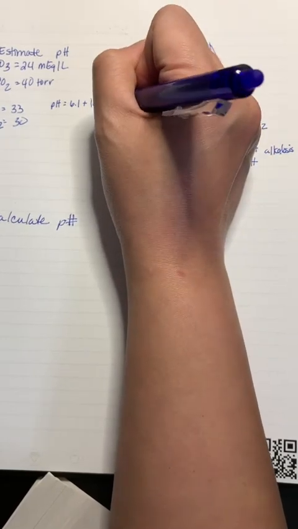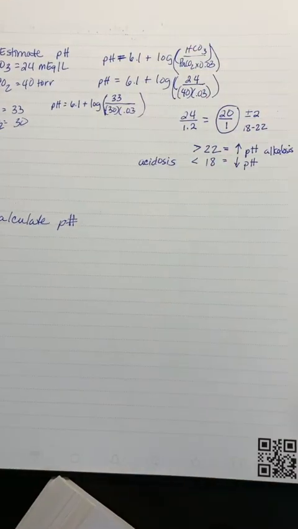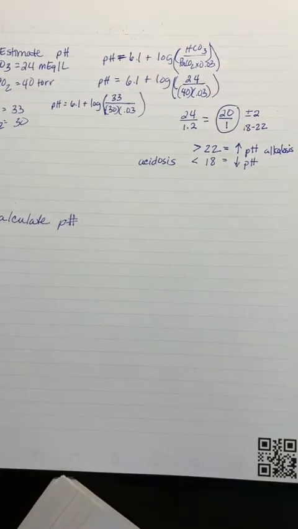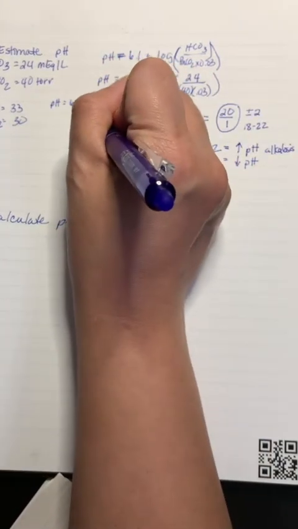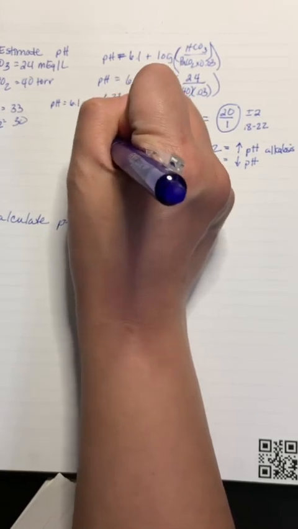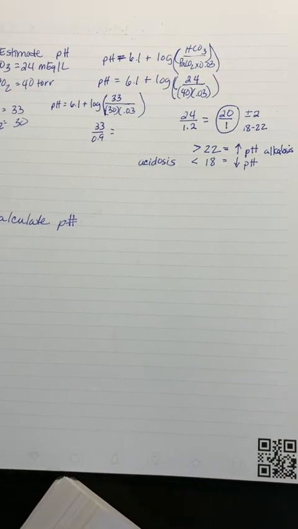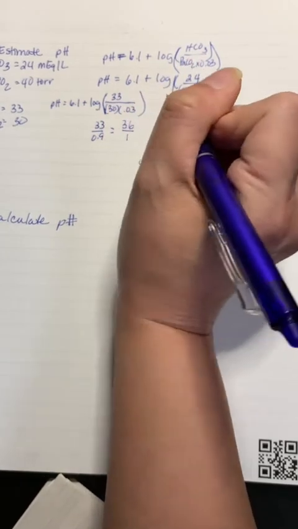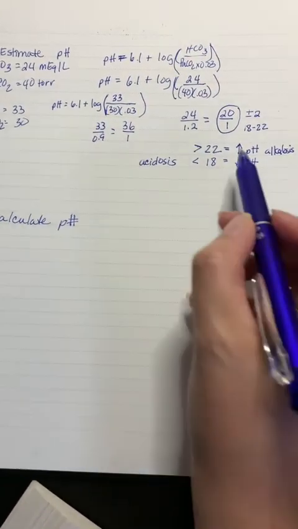I'm just throwing some numbers out here. 30 times 0.03 is 0.9. So 33 over 0.9, and your ratio will be 36 over 1. Let's look at this reference.